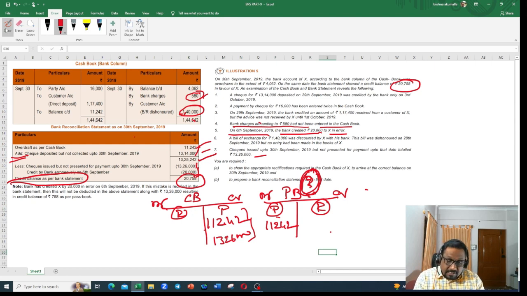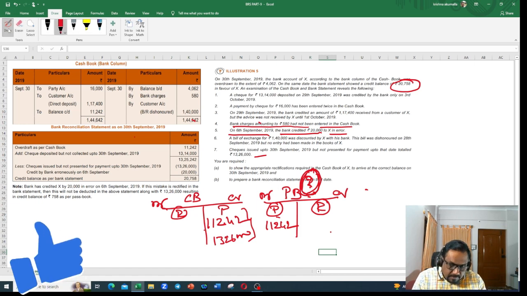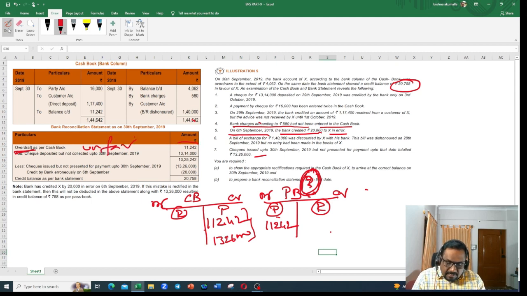Here, guys, one important point I wanted to remind. Do you remember I told you in my previous video, whenever there is an overdraft balance, it is nothing but an unfavorable balance, right? When it is an unfavorable balance, actually it is a negative balance.